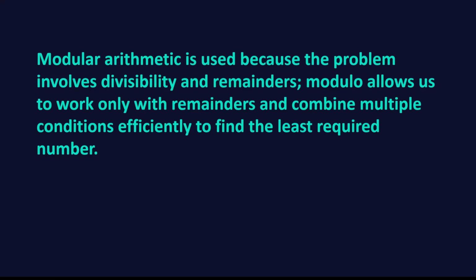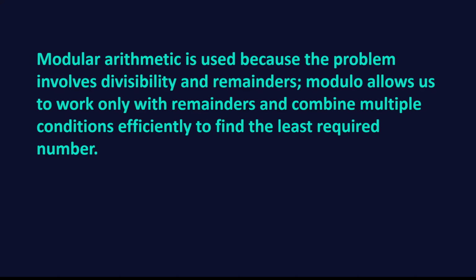Modular arithmetic allows us to work only with remainders and combine multiple conditions efficiently. In our case, we have 2 sets of conditions, and it also helps us find the least required number, or the least multiple. So modular arithmetic is perfect for this question. If I can, we can try to solve it in the next video.